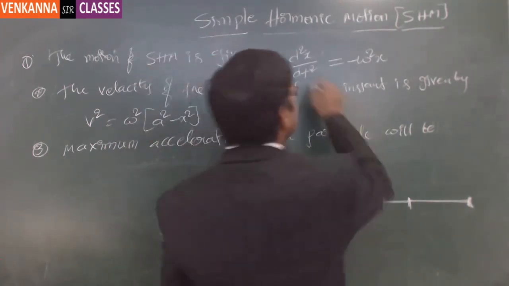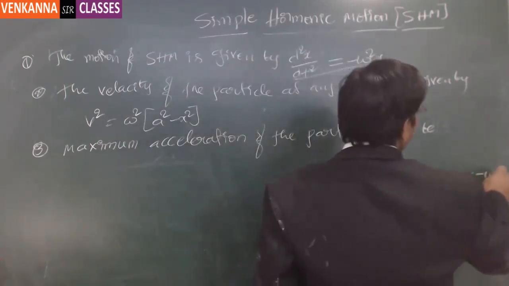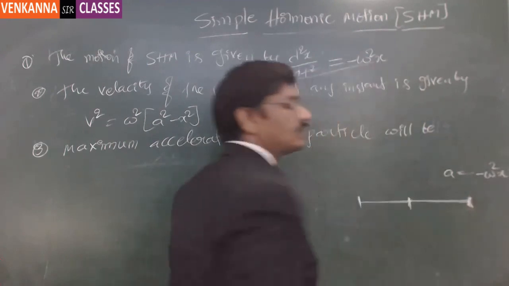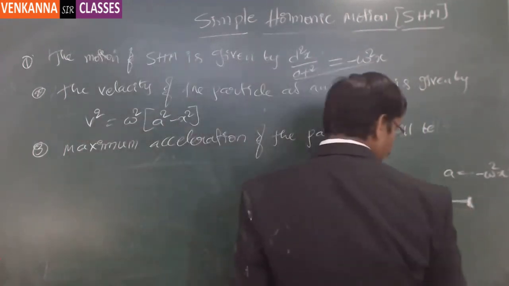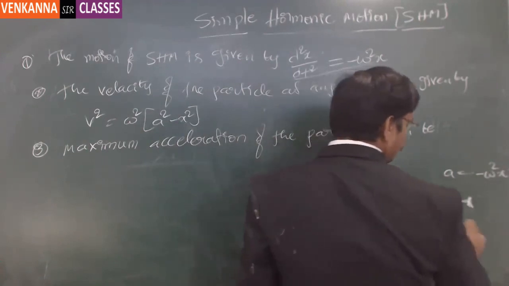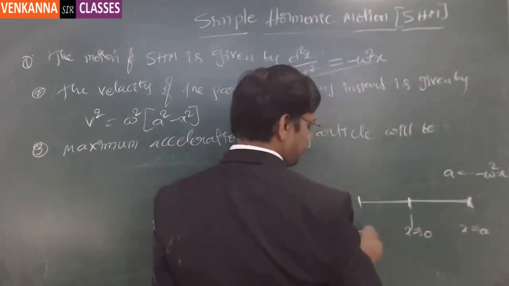So this acceleration relation is this one: a is equal to minus omega square x is the acceleration at any instant. Now this is x is equal to 0, this is x is equal to a, and this is x is equal to minus a.